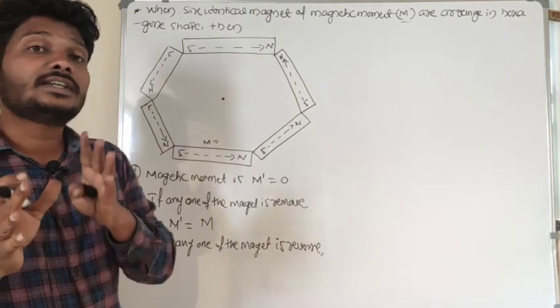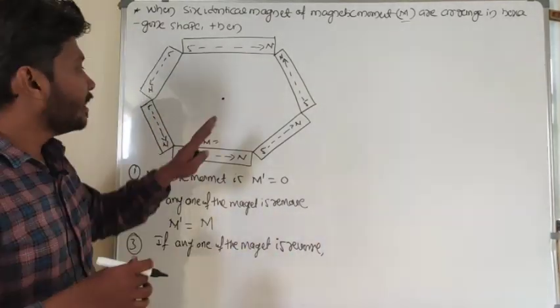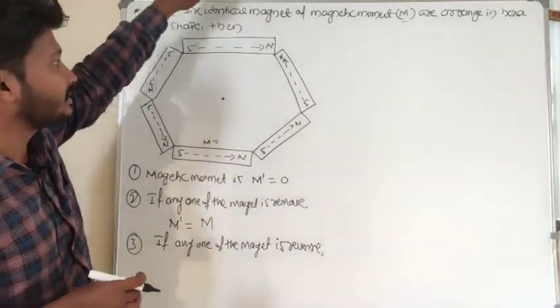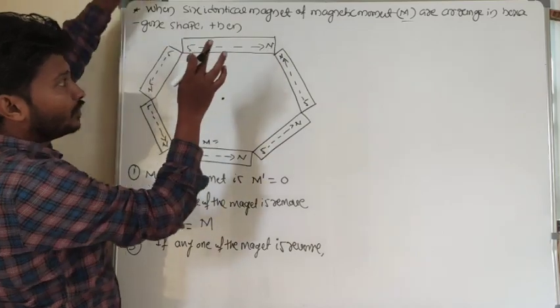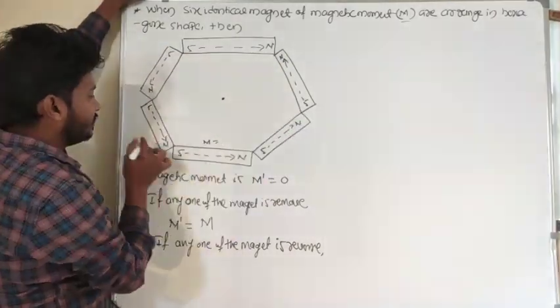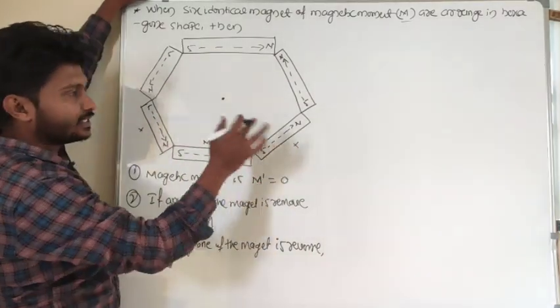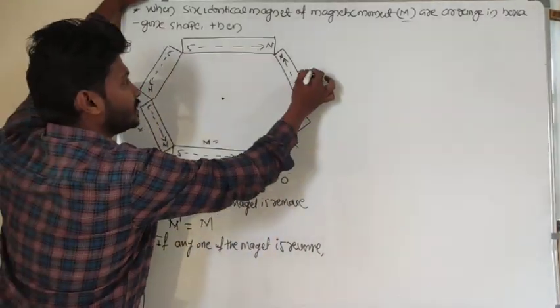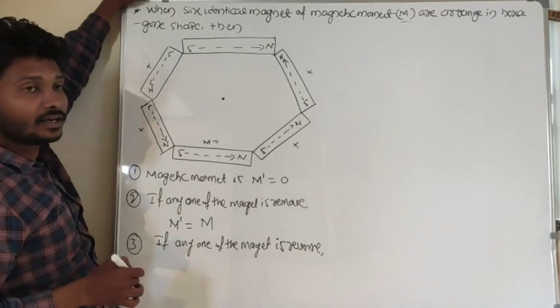Then what about its new magnetic moment? Look at here, this is downward, this is upward, these two effects are cancelled. This is downward, this is upward, these two effects are also cancelled out.